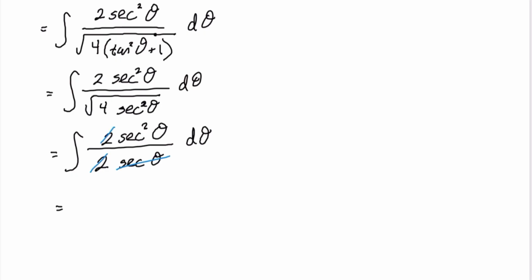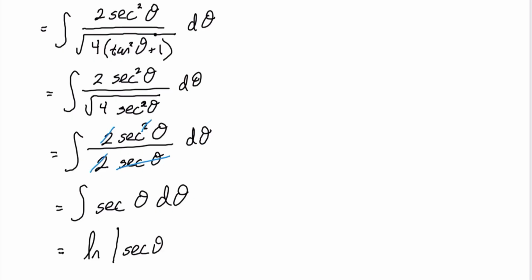One factor of secant will go away, leaving us with the integral of secant theta d theta. Now we can actually integrate. The integral of secant theta is the natural log of the absolute value of secant theta plus tangent theta plus c.